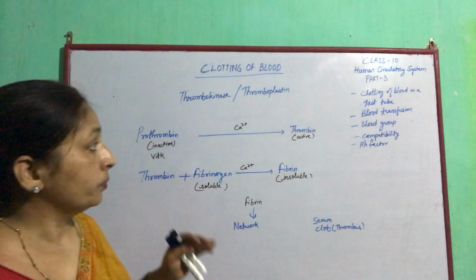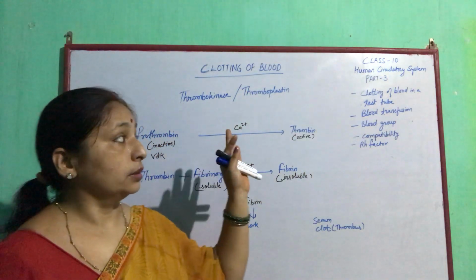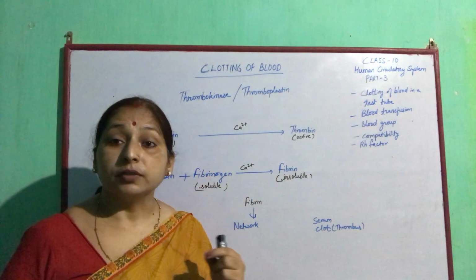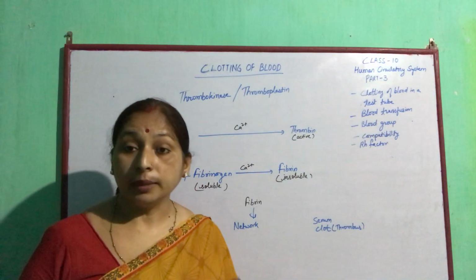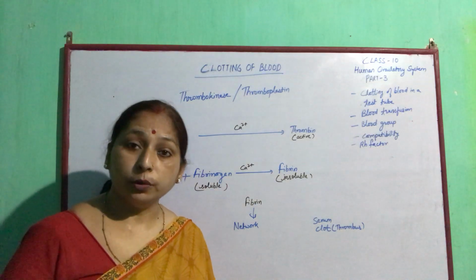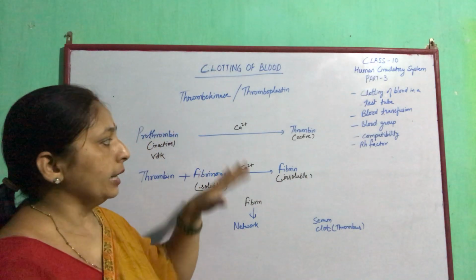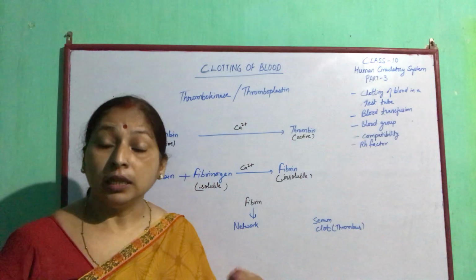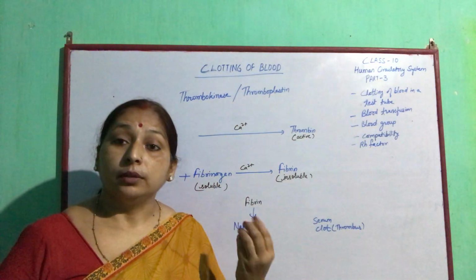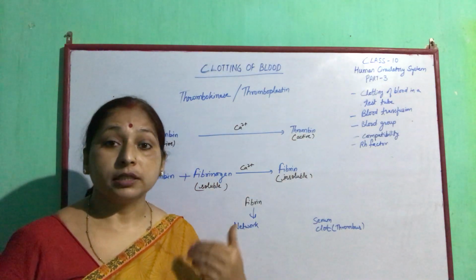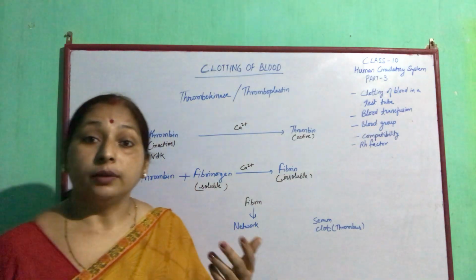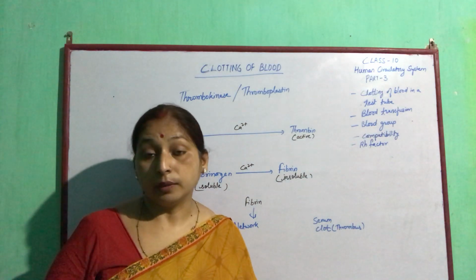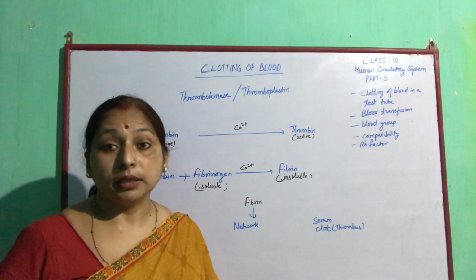So let's begin with the first or the major topic, which is clotting of blood. This question is very important from the examination point of view, as you have to write about the protein, about the enzyme which is in active state, which mineral is required, and what vitamin is required and its role.